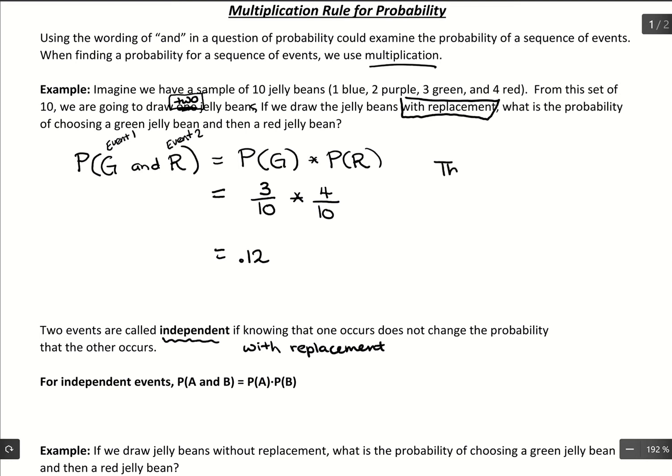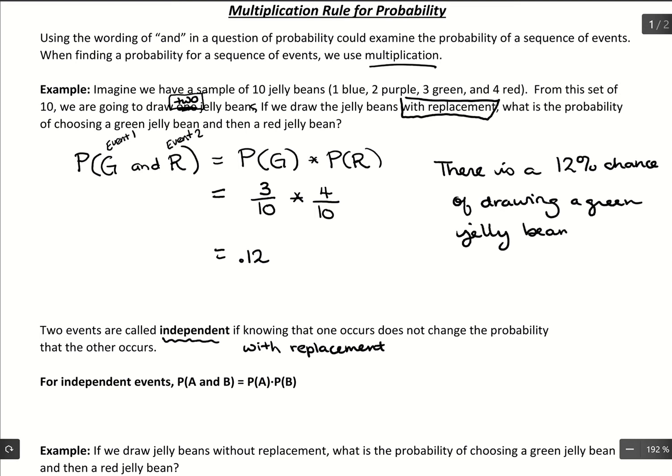So there is a 12% chance of drawing a green jelly bean and then a red jelly bean, with replacement being the important part there.